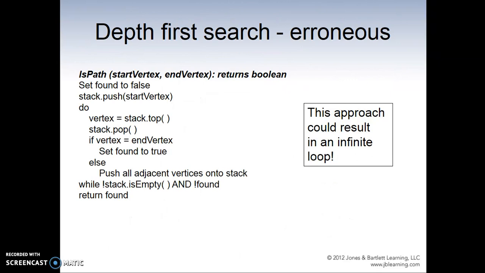So we already understand that. Now we're going to look at the algorithms. How are we going to do the depth first? The first approach that we try: we want to go deep until we get to the destination, right? We have a start vertex and an end vertex.